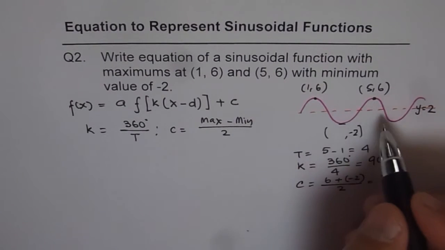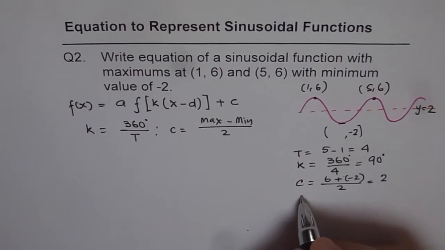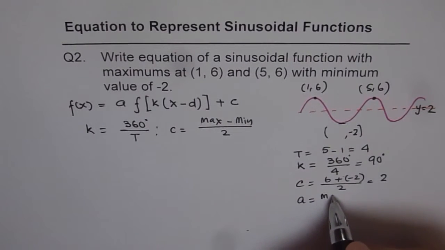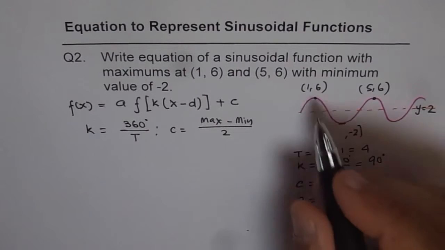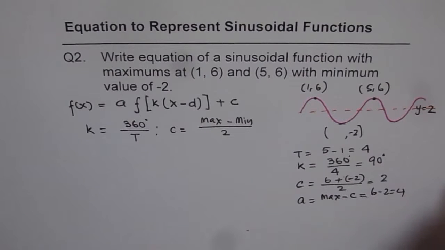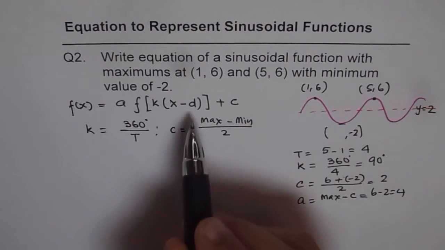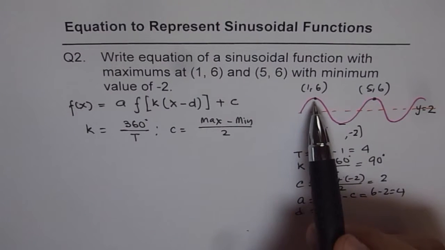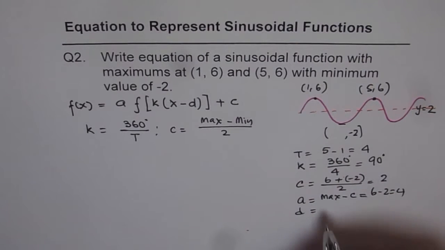Now from here we can find the amplitude. So the amplitude is basically maximum minus c. The maximum is 6 for us. 6 minus 2 gives us 4. So we know the amplitude also. How about d? D is the phase shift, and if we consider this to be a cosine function, the first maximum gives us the value of d, the x value, which is 1 for us, this one itself.